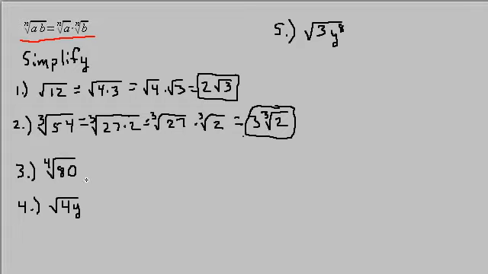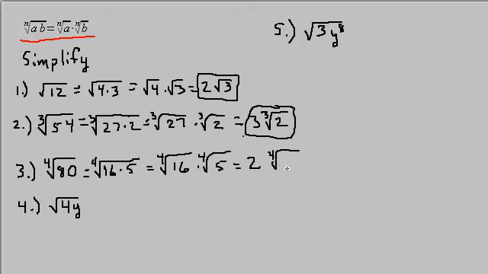Let's look at this, the fourth root of 80. So the fourth root of 80 has a factor that's a perfect fourth power. We can rewrite 80 as 16 times 5. So this is the fourth root of 16 times the fourth root of 5, and the fourth root of 16 is 2, times the fourth root of 5.